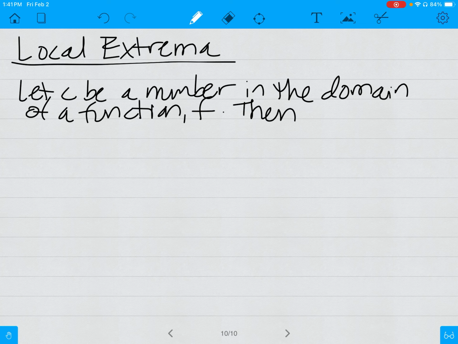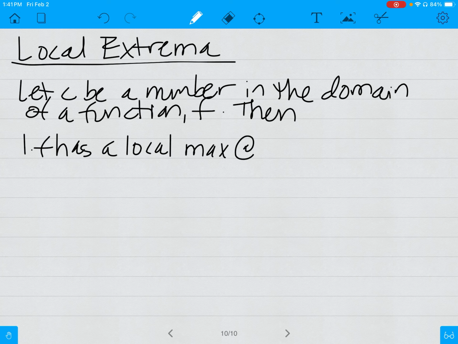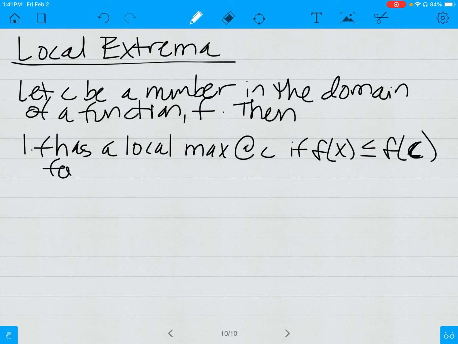Then, 1. f has a local maximum at c if f of x is less than or equal to f of c for all x near c.